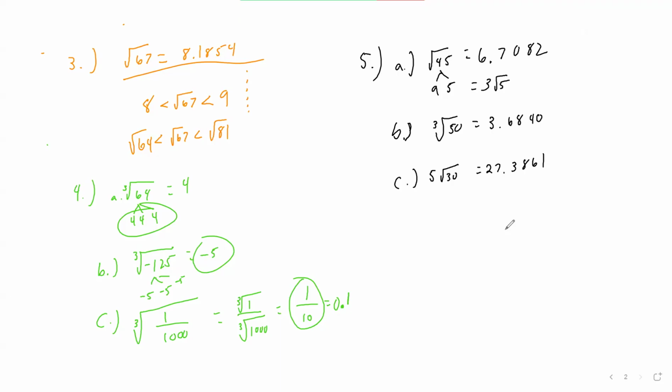Now multiply that by 5. Perfect. And that's what it is. So with a cell phone, I would use the square root first, because a cell phone is a lot more like a 4 function calculator.